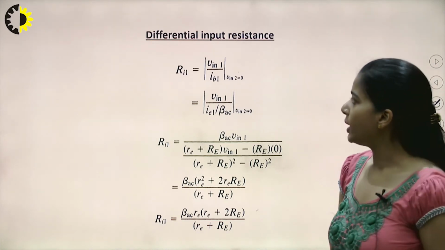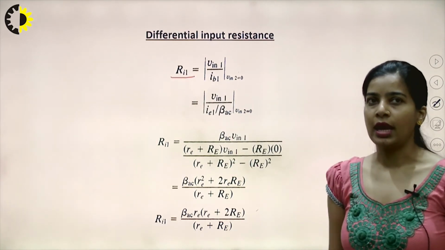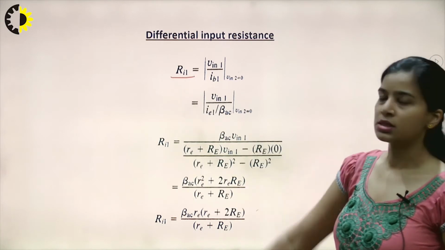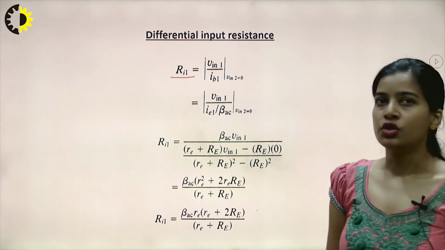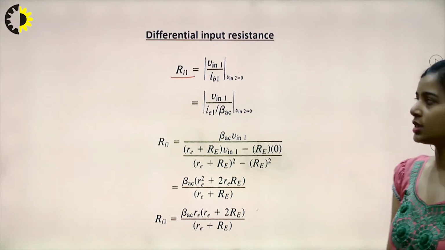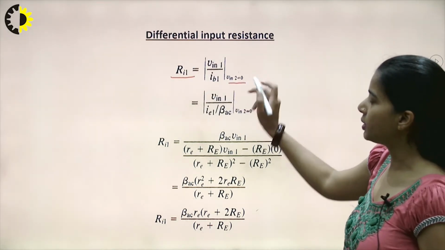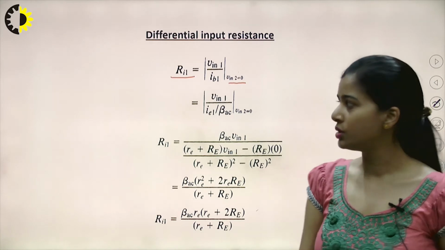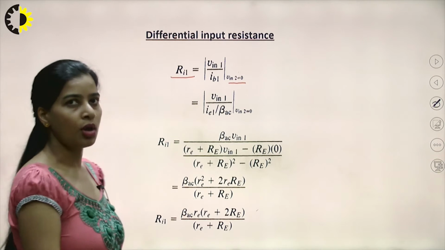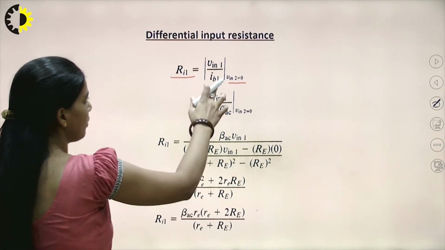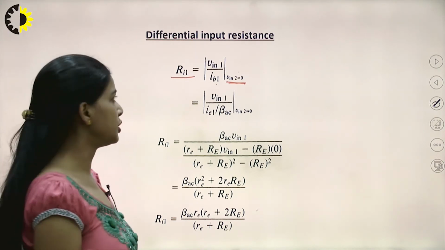RI1 is the input resistance of side 1, where V in 1 is connected. To find it, we keep the other voltage, the input 2, at 0. So R in 1 is defined as V in 1 upon the input current IB1, keeping the other voltage 0.